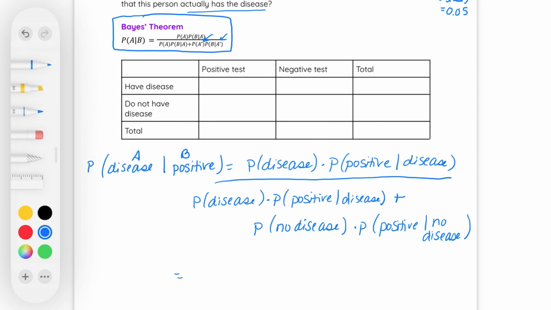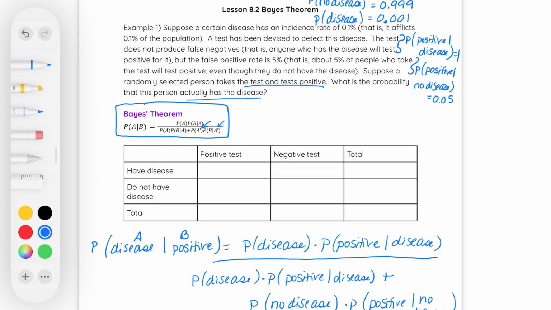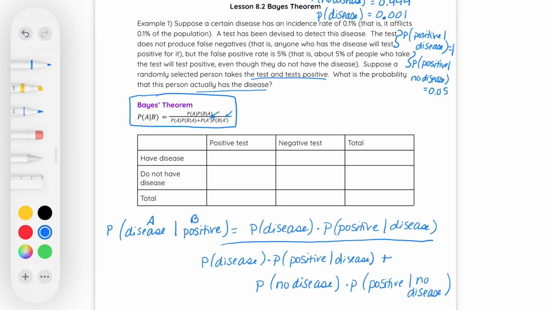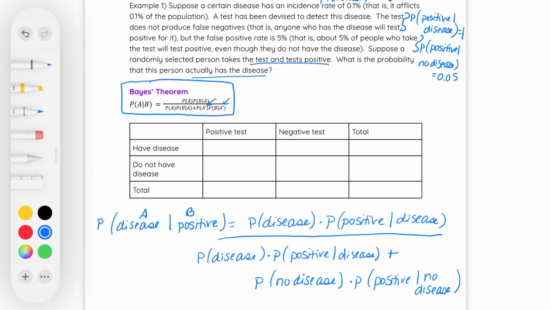So looking for these probabilities, we found most of them up above. So the probability of having the disease here, we said was 0.001.